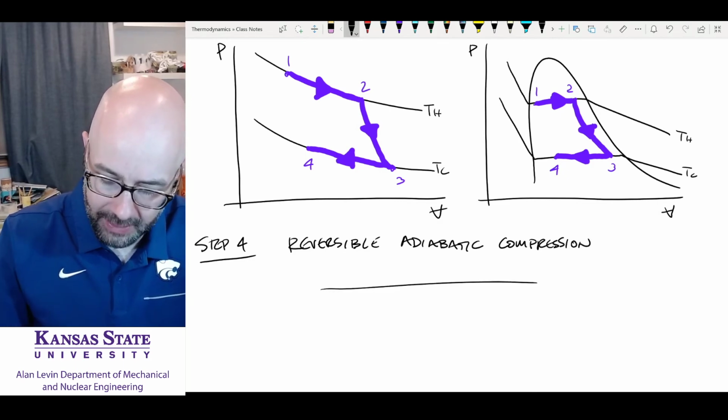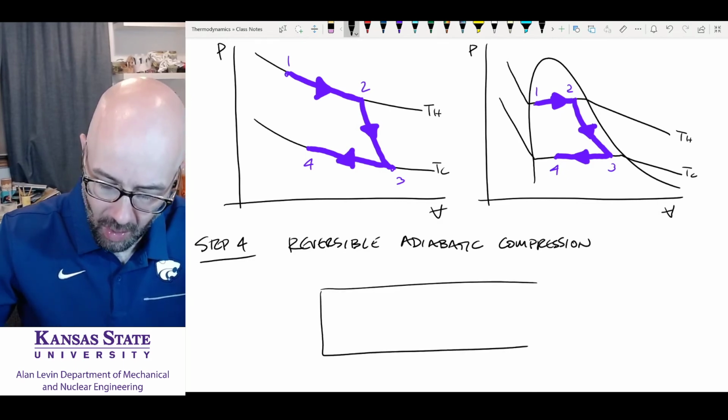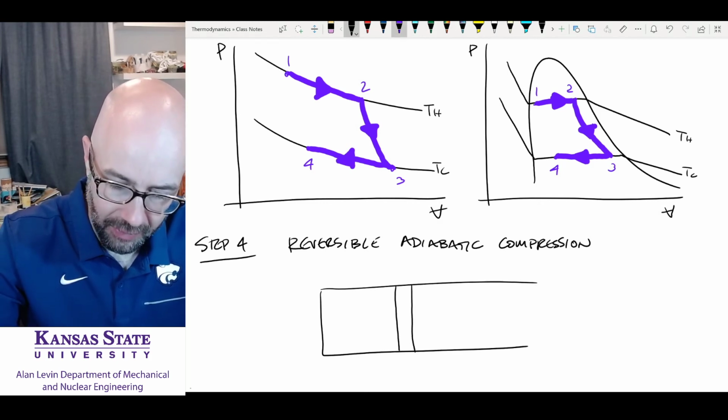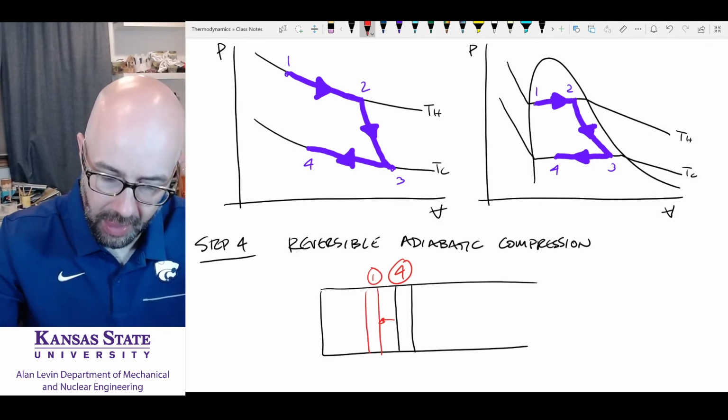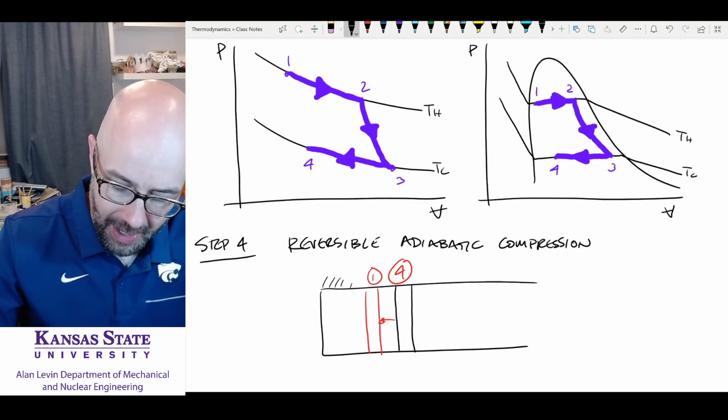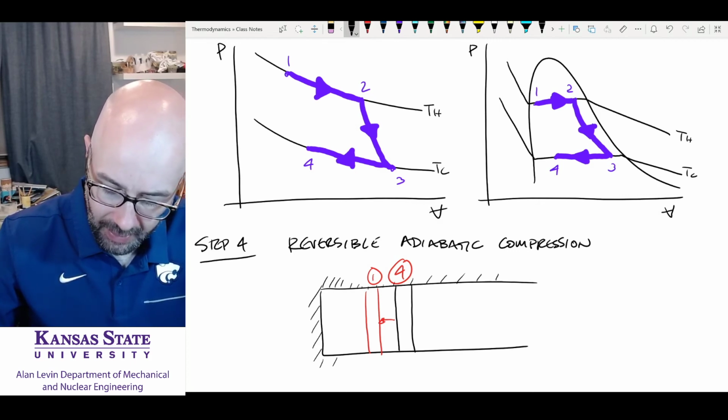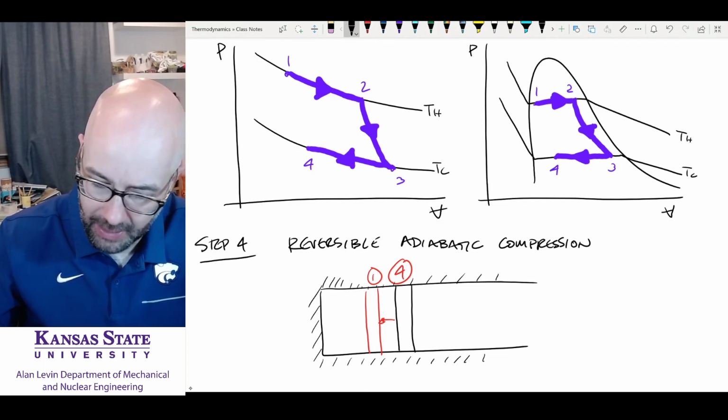So we have our piston cylinder. We are now here at state 4. And we're going to move back to where we began at state 1. And we want this to be adiabatic, so we're going to insulate this whole piston cylinder so no heat can leave.